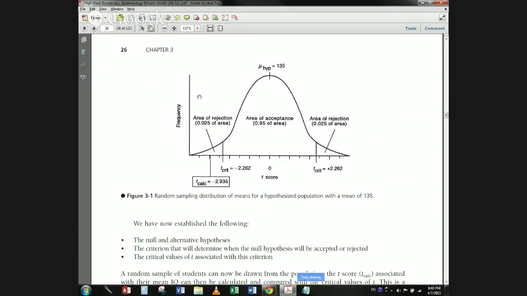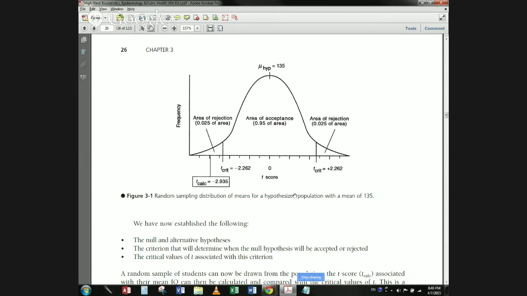You have frequency on the y-axis and the t-score on the x-axis. Zero is in the middle here, and then you can see all the positive and the negative values. And there's the mean. This is 95%, the area of acceptance of a certain hypothesis, and the outliers are what we reject.